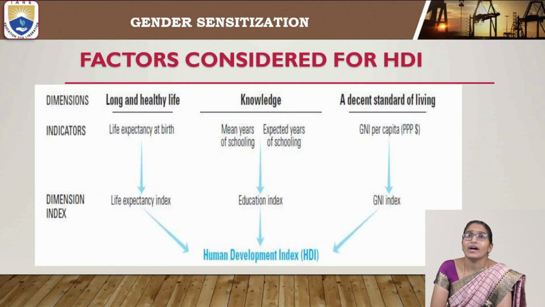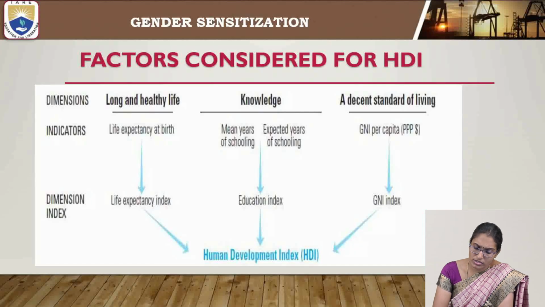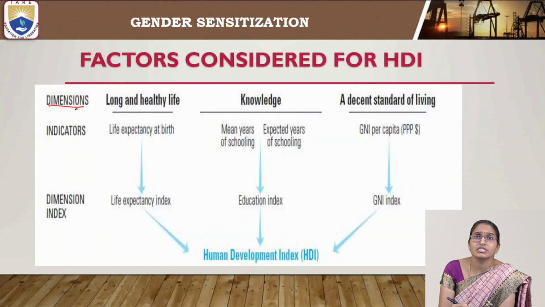What are the factors that should be considered for calculating the HDI of any country? It is based on dimensions, the indicators, and finally the dimension index.